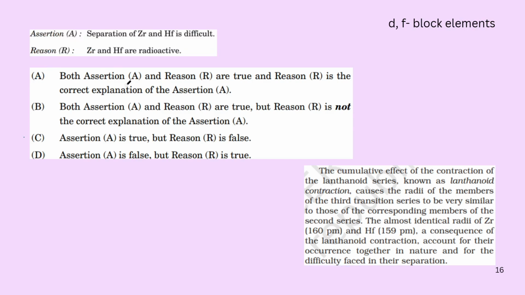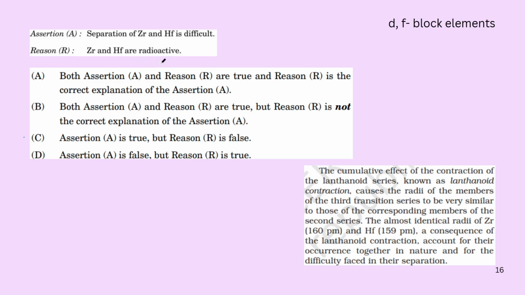The next one is also from a different set of the same question paper. I hope that makes sense. So, separation of zirconium and hafnium is difficult. True, we just discussed that. That's because of lanthanoid contraction. The reason given is that zirconium and hafnium are radioactive, which is not the case.